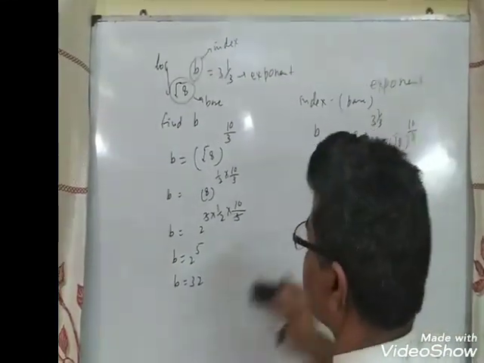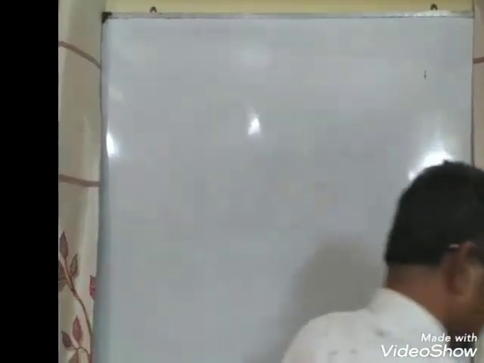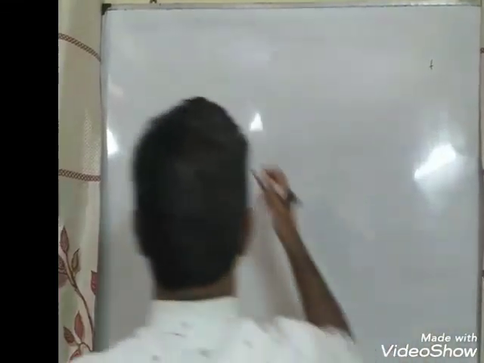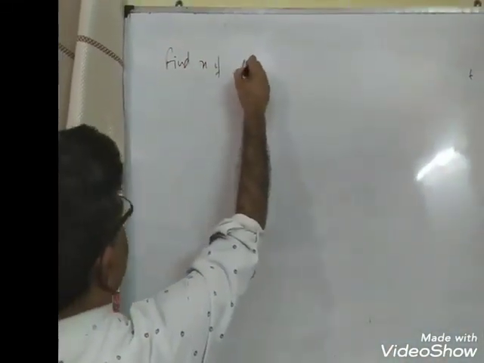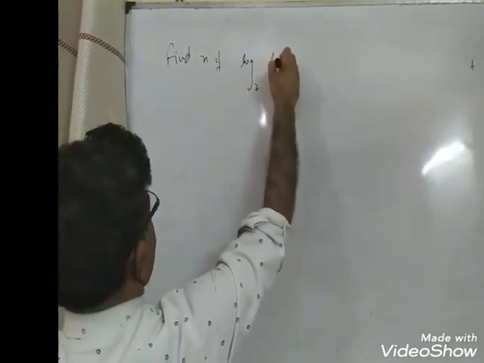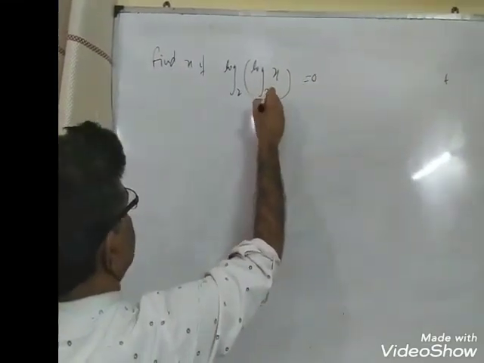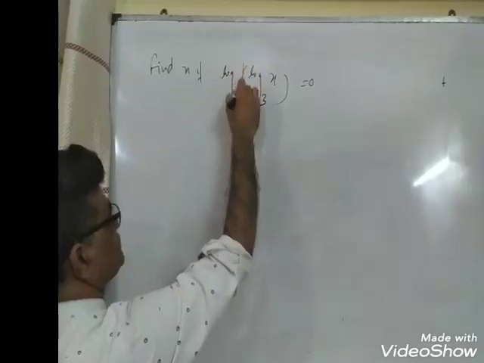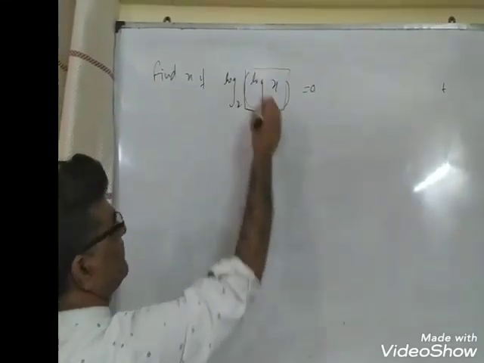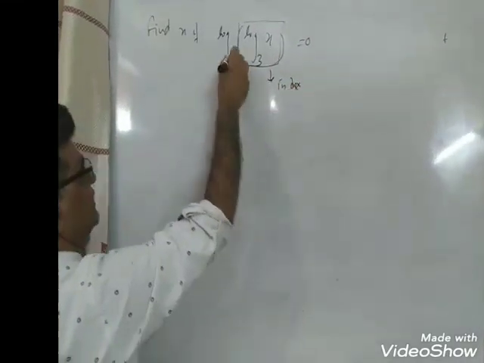Find x if log base 2 of log base 3 of x is equal to 0. Now you can see that this whole thing is going to be the index, and this is the base.